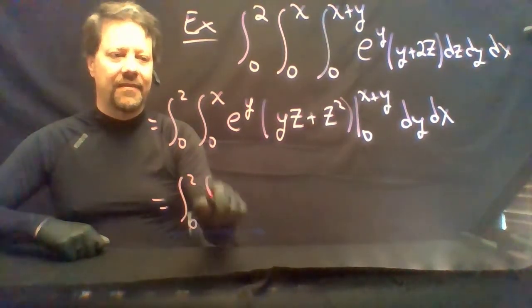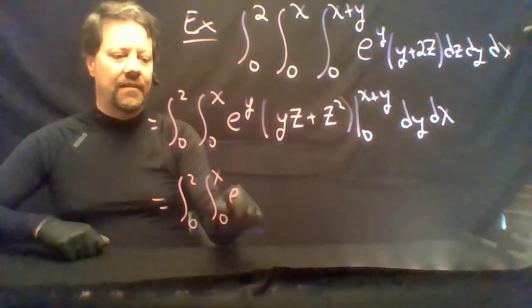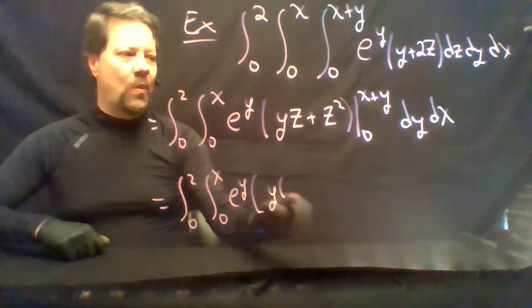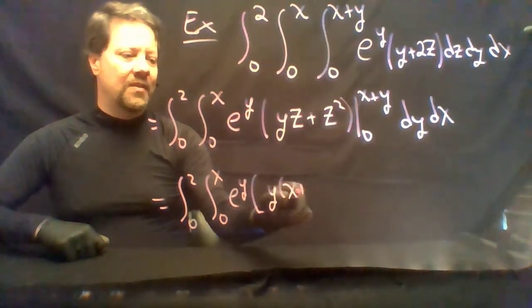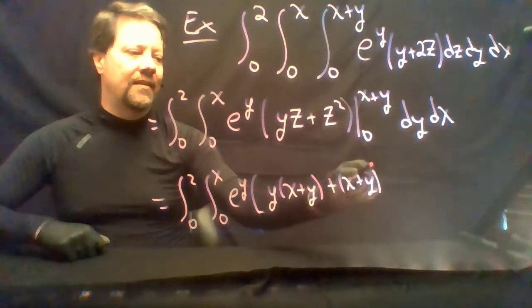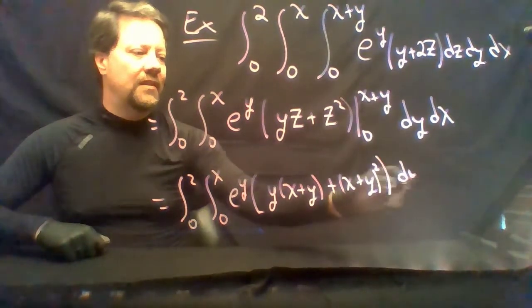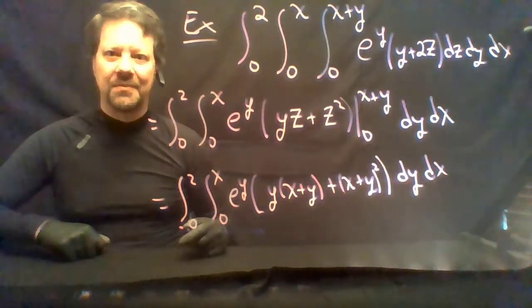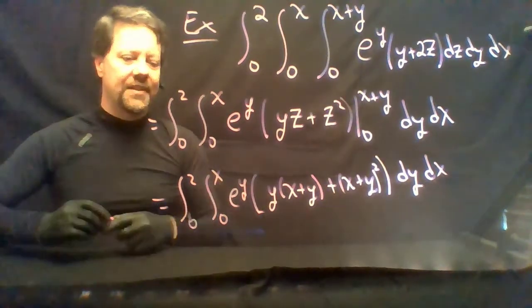Evaluating, we'll have y times the quantity x plus y, plus the quantity x plus y squared, dy dx, and then minus 0. Let's simplify this before integrating.